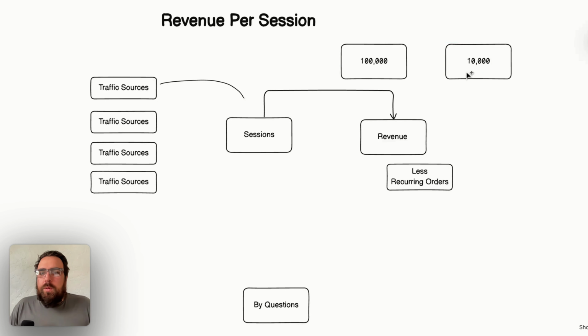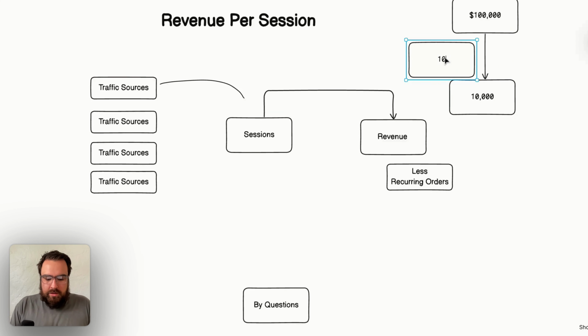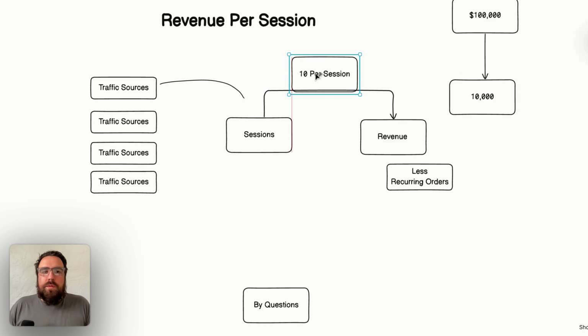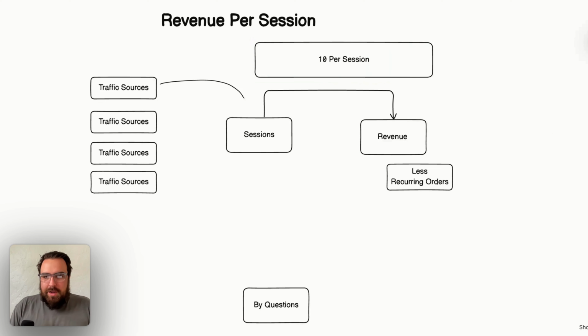Okay, so the quick and dirty math here is if we have $100,000 in revenue, we can then divide that by 10,000 and we get $10 per session. Ta-da, $10 per session. So overall, our store of Super Cool Widgets Incorporated is driving a $10 per session RPS.